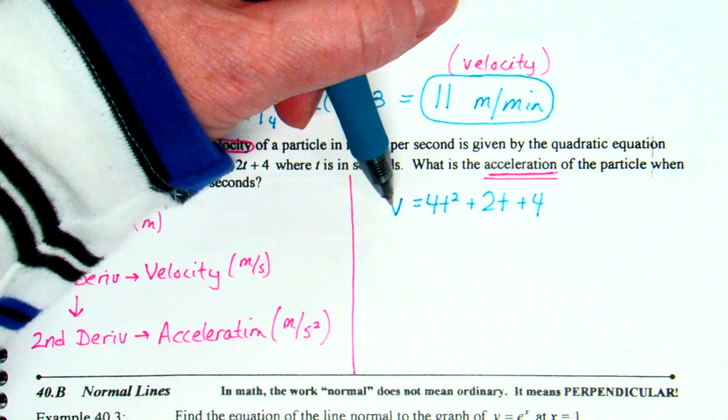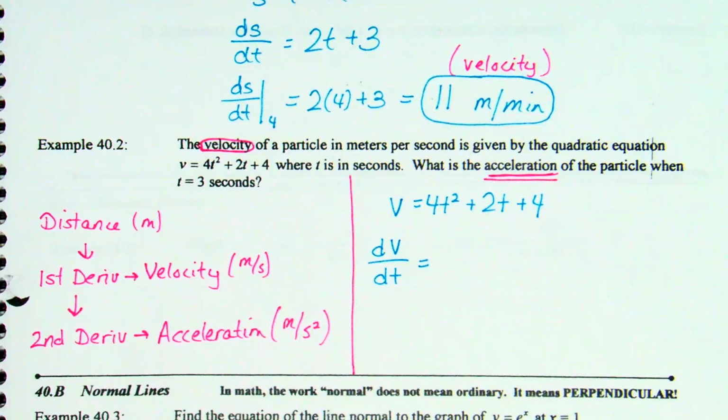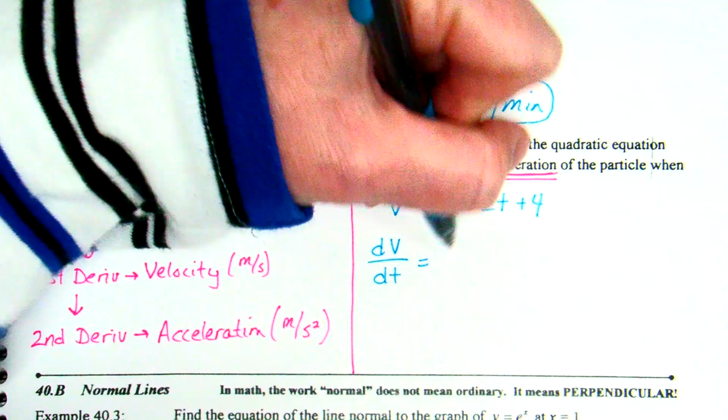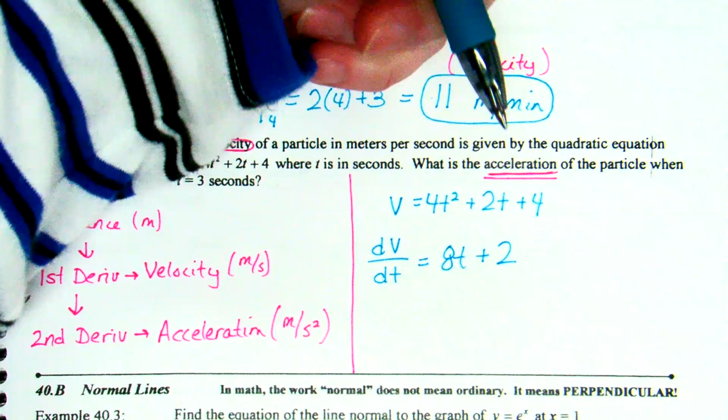T, time. So I can label this as dv dt. So what's the derivative of 4t squared? 8t plus 2 plus, that's it.